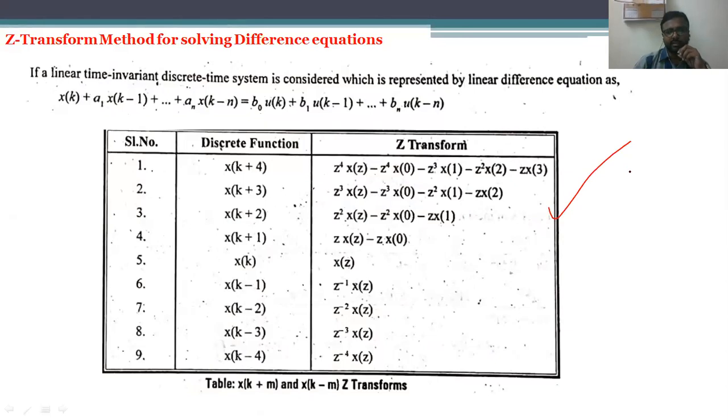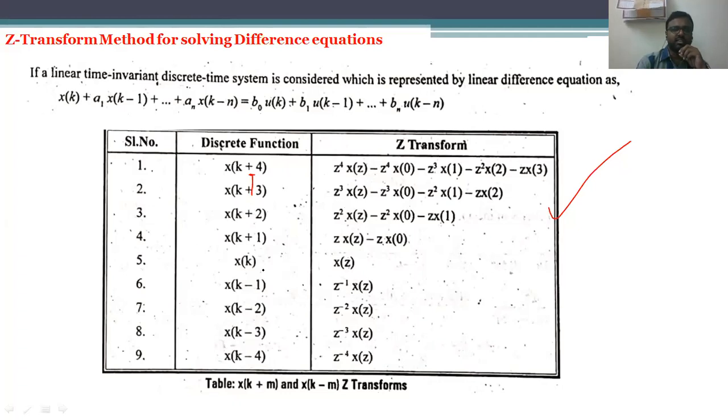So you must be familiar that the expansion process is going to be taken only for the advance shifting operation, not for the delay. Advance shifting operation means that the expansion process happens only for k plus n terms, k plus 4 or k plus 3 or k plus 2 or k plus 1.